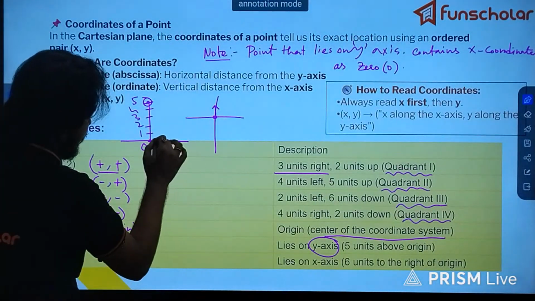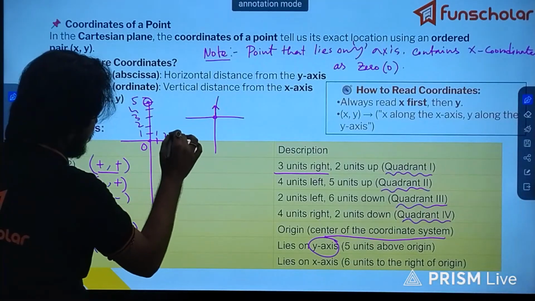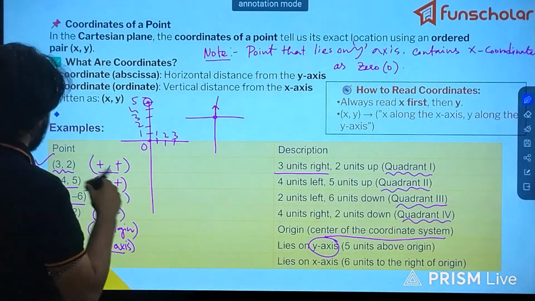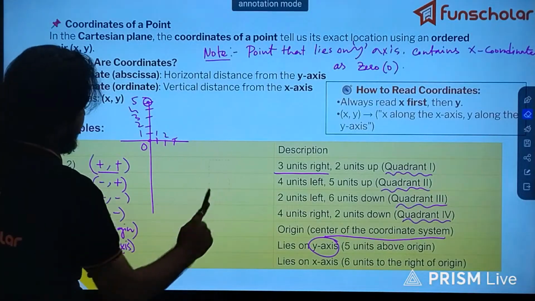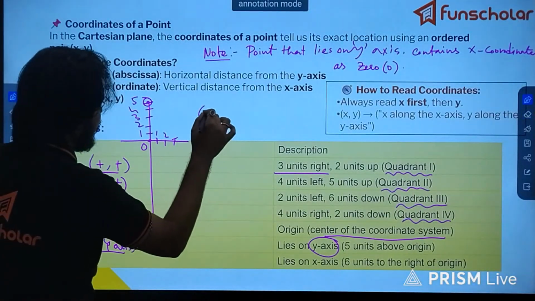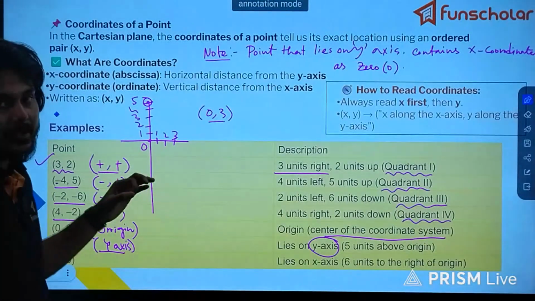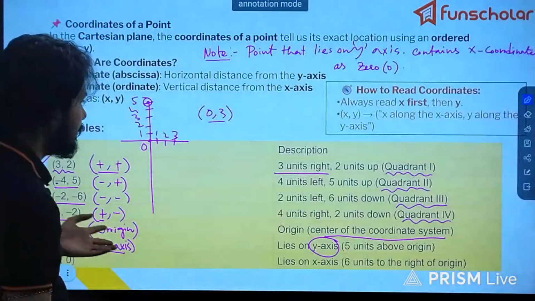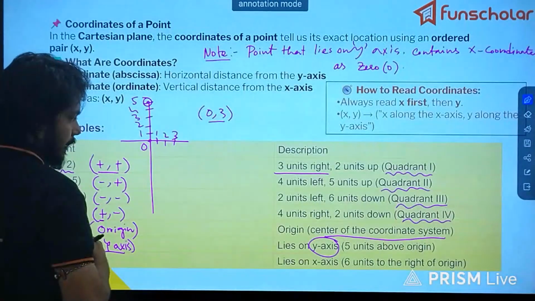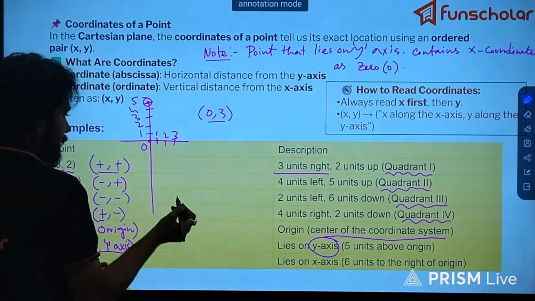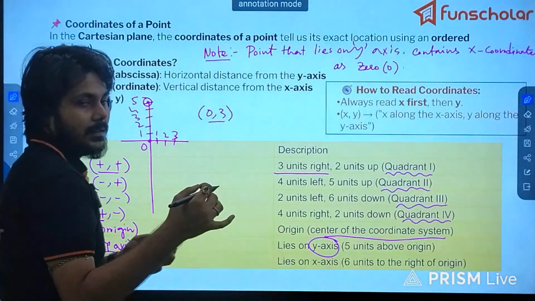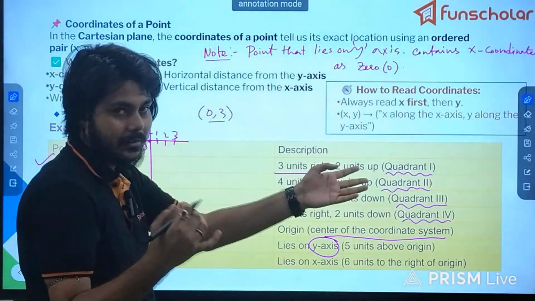Suppose I am asking you to plot this point 0, 3 on the Cartesian plane. How will you plot this point? 0 means not going to the right, not going to the left.